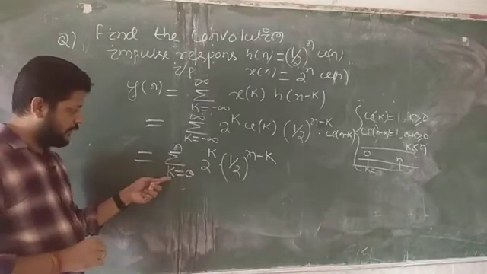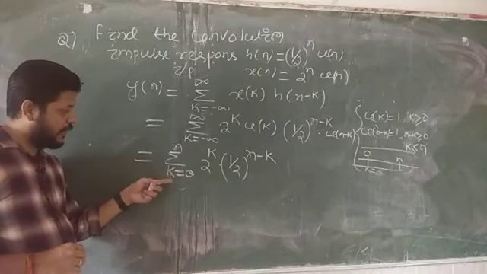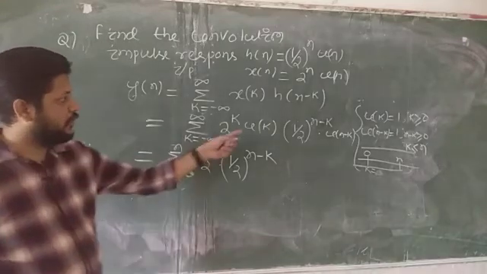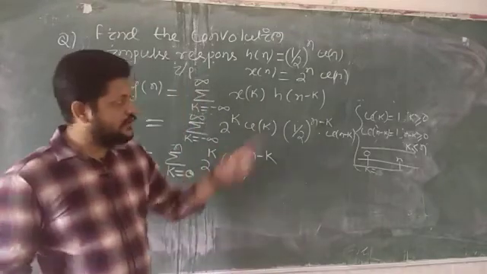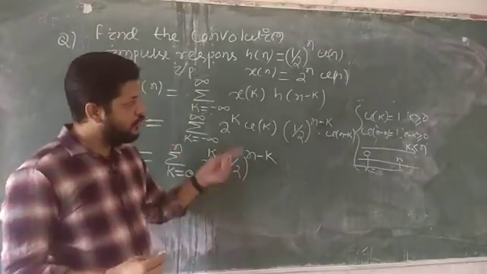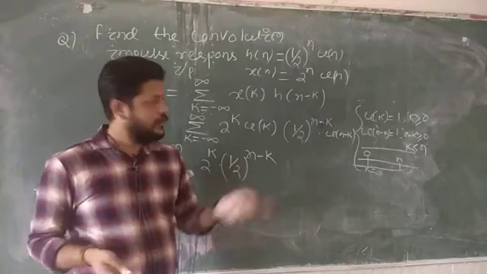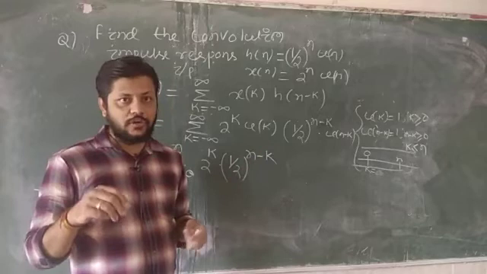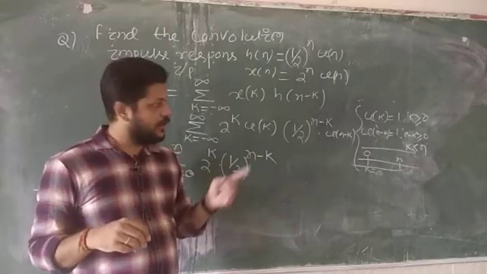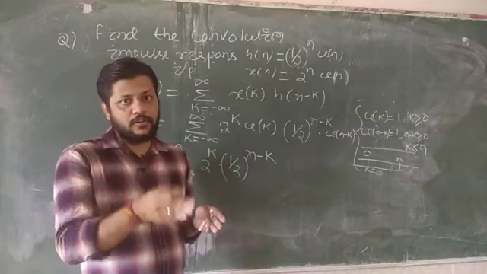How did I find that the range changes from minus infinity to infinity into 0 to n? We just have to define u of k and u of n minus k. u of k exists when k is greater than or equal to 0, and u of n minus k exists when k is less than or equal to n. So you take the common range, and the common value exists from k equal to 0 to n.